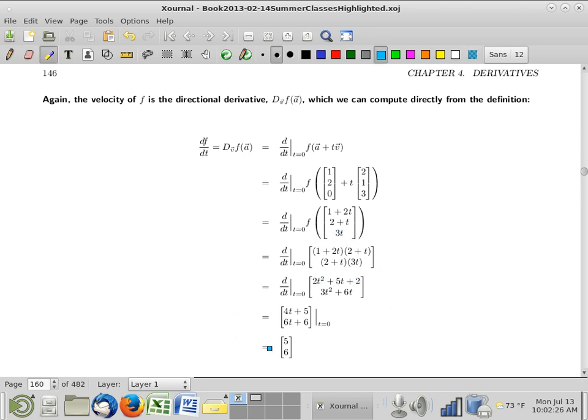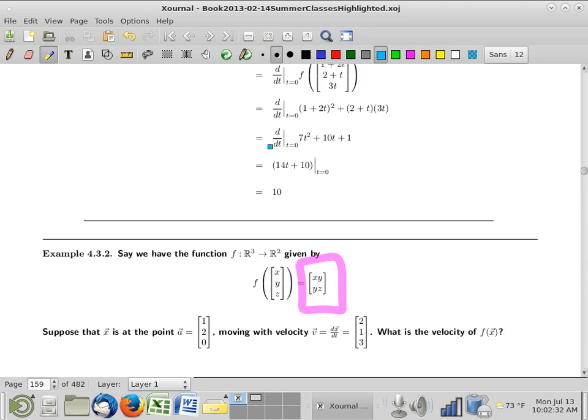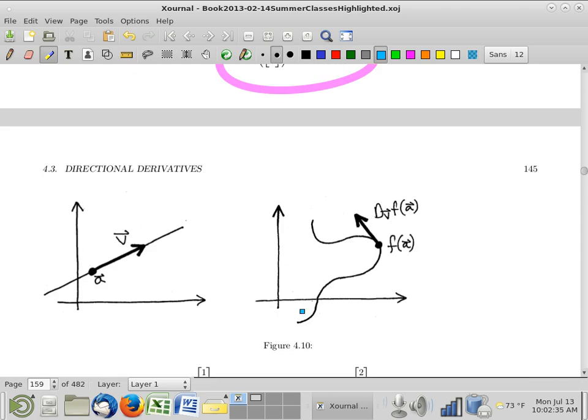The key point is that our velocity vector, our motion in the target, is a parametric curve. We already know that parametric curves have derivatives computed component-wise. So this directional derivative I'm looking at is a derivative of a parametric curve, so it's computed component-wise as well.